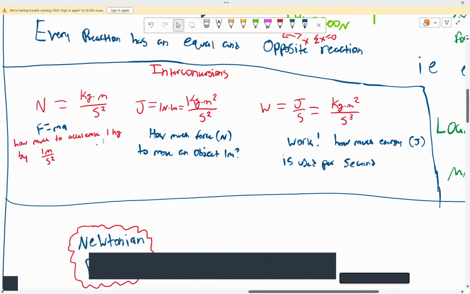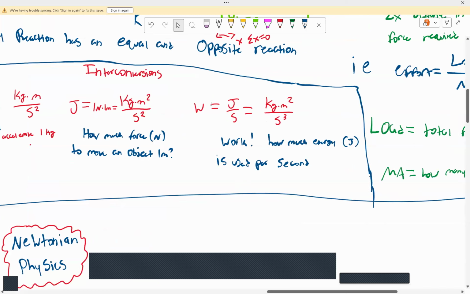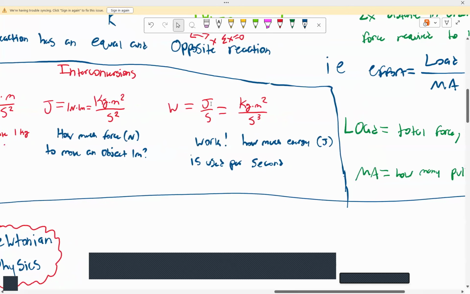Whereas joules is how much force to move an object 1 meter, so this is kilograms times meter squared over second squared. Whereas a watt is joules per second. So this is kind of power: how much energy, in joules, is used in 1 second? So it's kilograms times meter squared per second cubed.